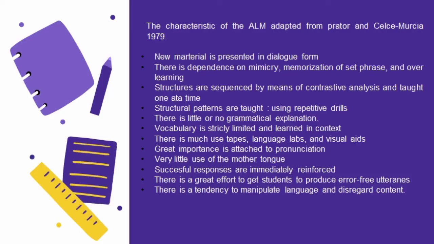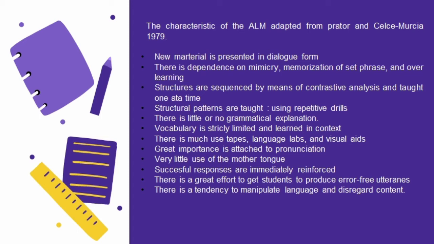Here are some characteristics of the ALM, adapted from Prator and Celce-Murcia in 1979. The first one: new material is presented in dialogue form. The second: there is dependence on mimicry, memorization of set phrases, and overlearning.